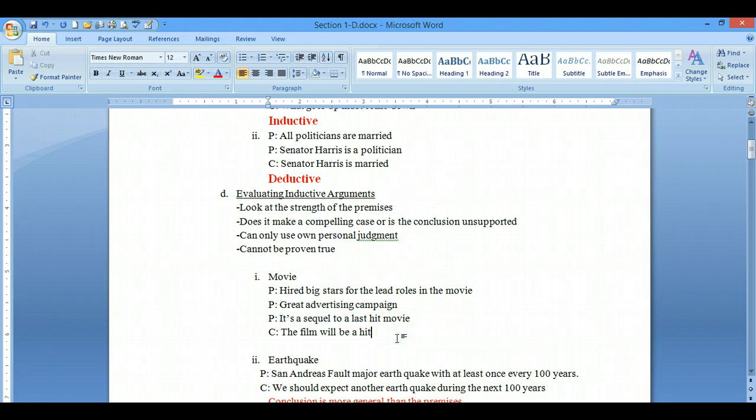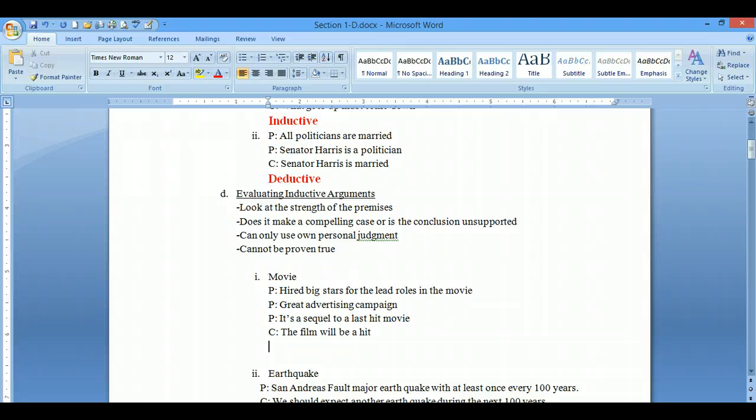Now I can only use my own personal judgment and evaluate the strength of this. I know I've seen movies where there were big hired stars, but the film ended up being a flop. Also, I have seen a lot of sequels where the original was much better and the sequel was also a flop. So my conclusion with my own personal judgment is that this is a weak inductive argument.